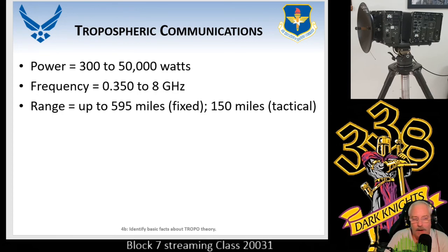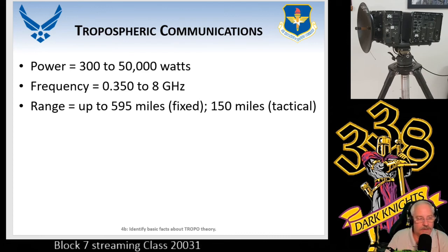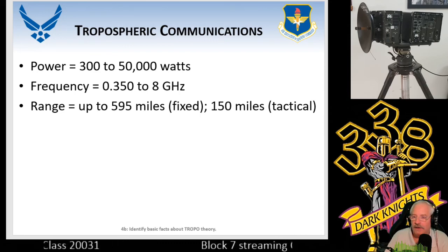We look at power for TropoCom, anywhere between 300 watts to 50,000 watts. And the frequency is about 350 megahertz to 8 gigahertz. Now, when you look at this figure, 595 miles, this is an old figure from, I would probably say, about 10, 15 years ago. But if you look it up, it's anywhere between 580 to 610 miles.